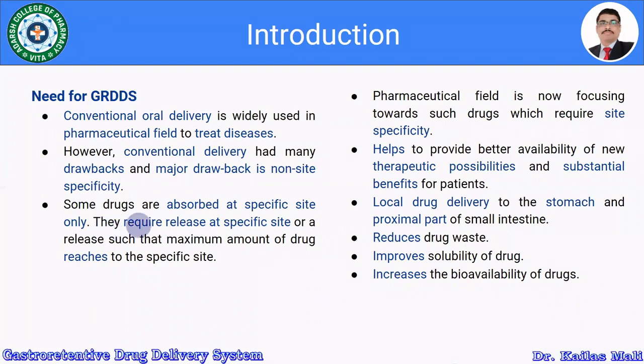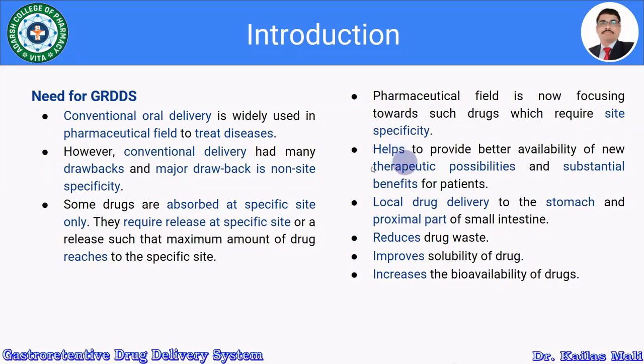Such drugs require release at a specific site, or a release such that a maximum amount of drug reaches the specific site. The pharmaceutical field is now focusing on drugs which require site specificity. It helps to provide better availability of new therapeutic possibilities and substantial benefits for the patient.